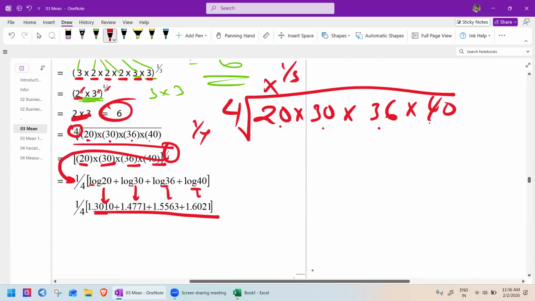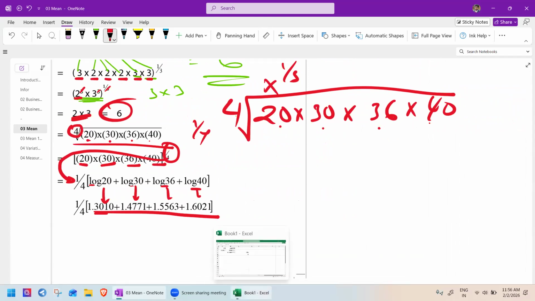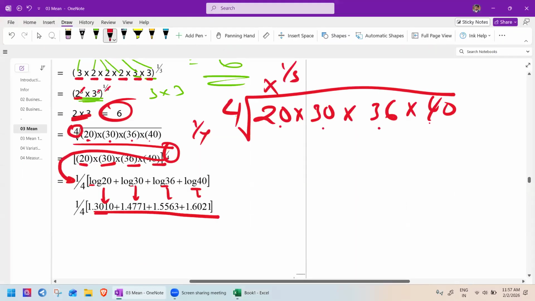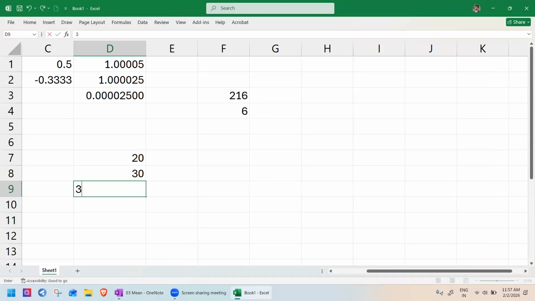The use of a calculator is allowed in your examination, but you have to write the steps very clearly and neatly. Right? We apply this in Excel: 20, 30, 36, 40.